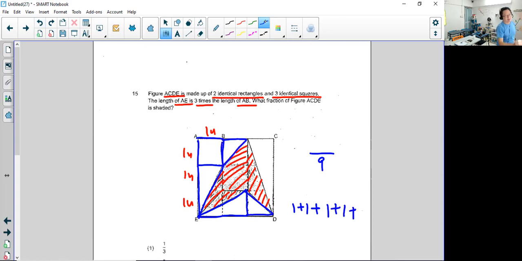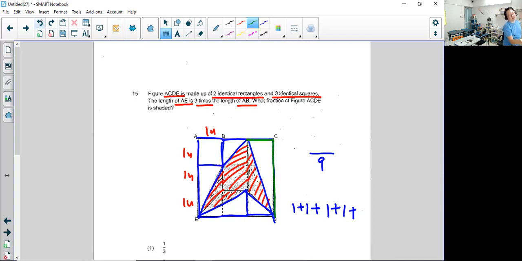And then how about this very big triangle? How many squares make up this unshaded triangle? Same thing, you can draw a rectangle like this. How many squares make up this rectangle? 3 squares, and then you divide by 2 and you will get 1.5 squares.